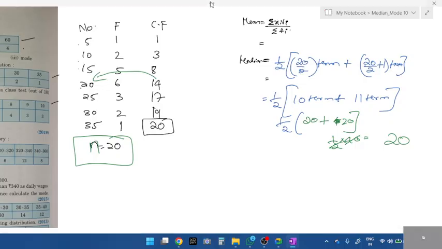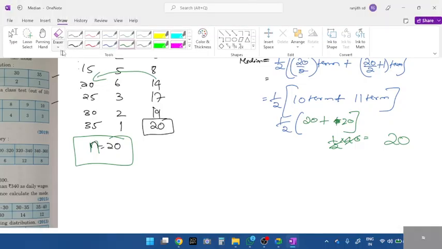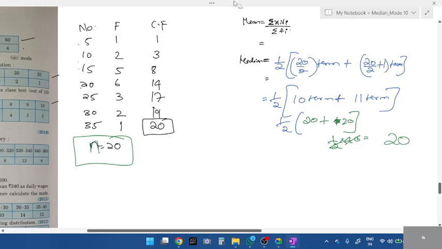Respond, all of you. How do you check mode? For mode, we don't need cumulative frequency. Check the frequency. Which value is present more? 6, right? In 6, our answer is 20. Over the previous one, what did we get?